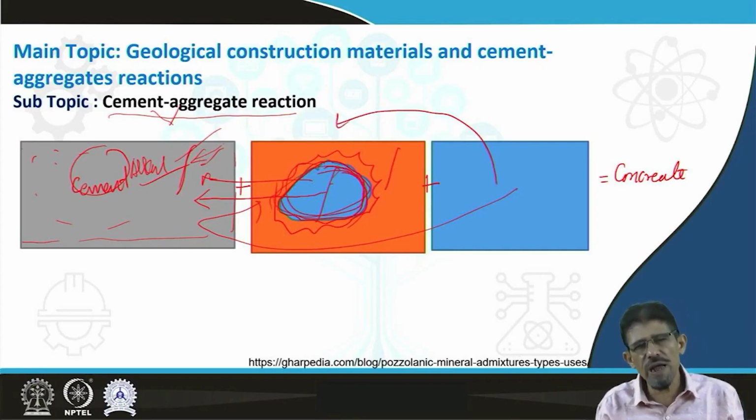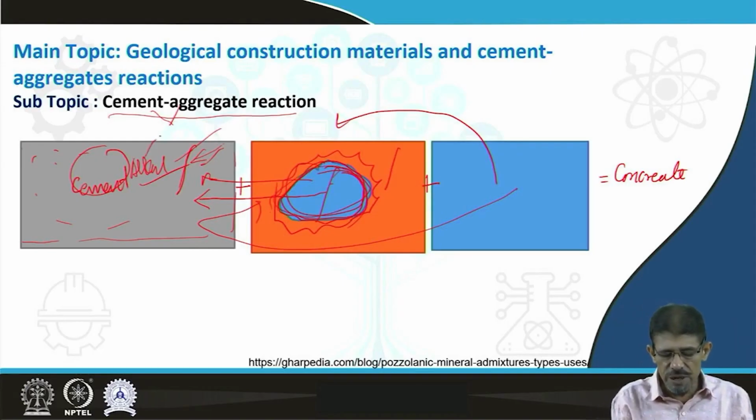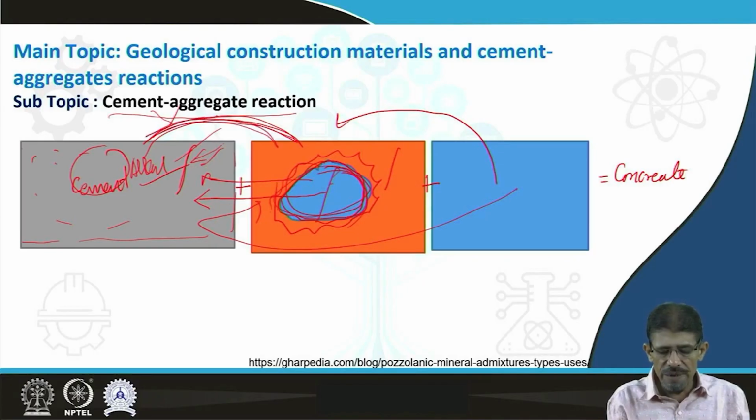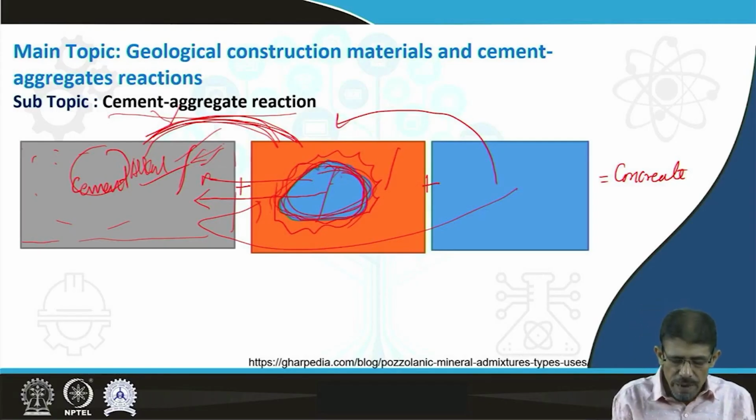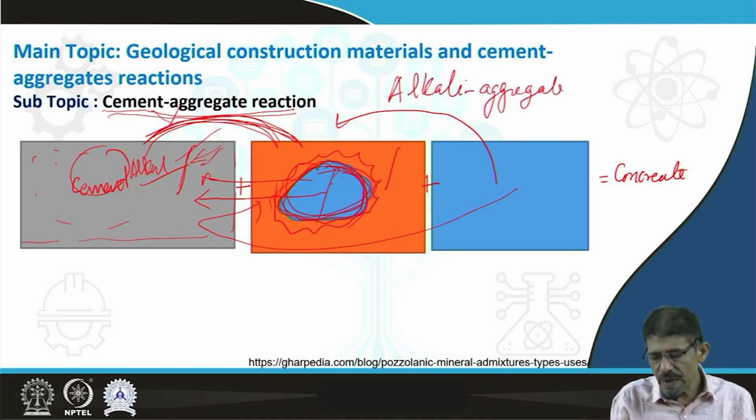The presence of water is required, necessary, but the interaction is between the alkali present in cement and the aggregate. Therefore, this phenomenon of cement aggregate reaction is also known as alkali aggregate reaction.